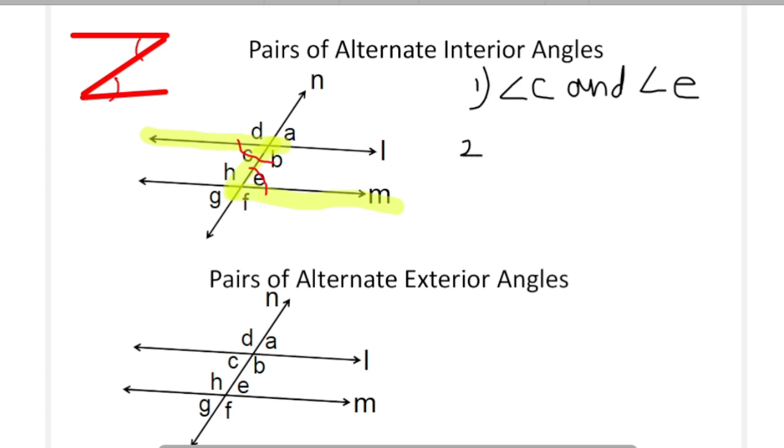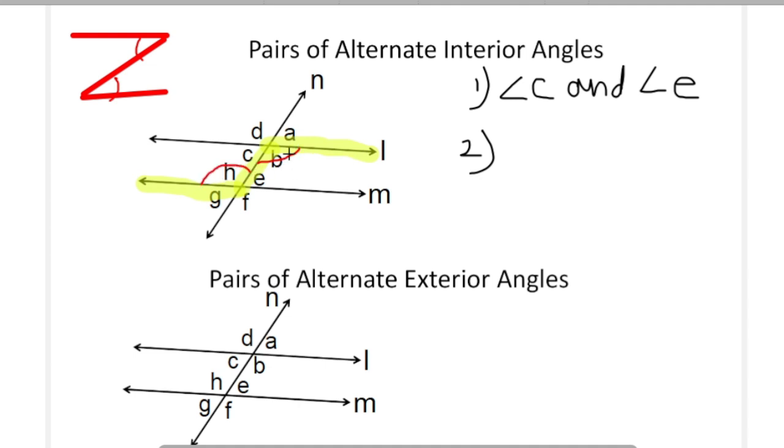Now we will see the second pair. Here also a Z shape is forming. Now see this angle B and this angle H. Angle H is the alternate interior angle.